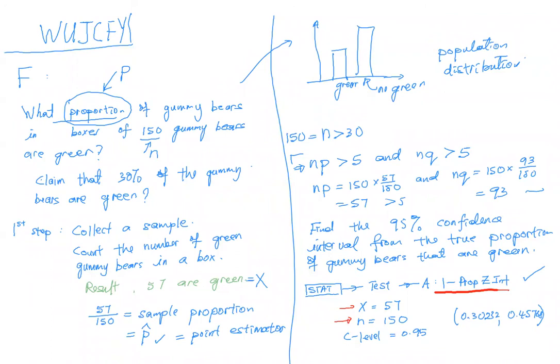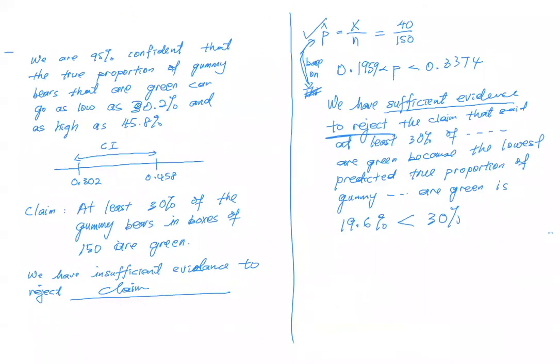And how to write the claim. Go as low as 30.2%. If you didn't put in percentage, I sure give you 0 mark.